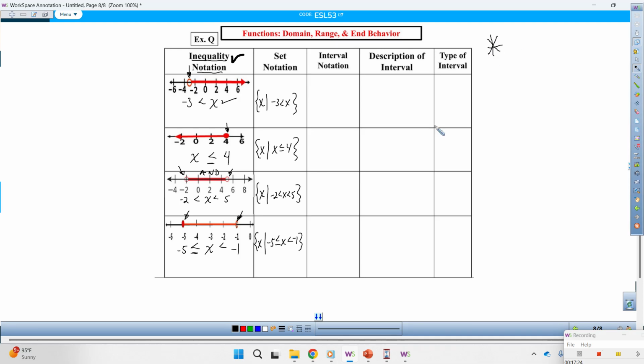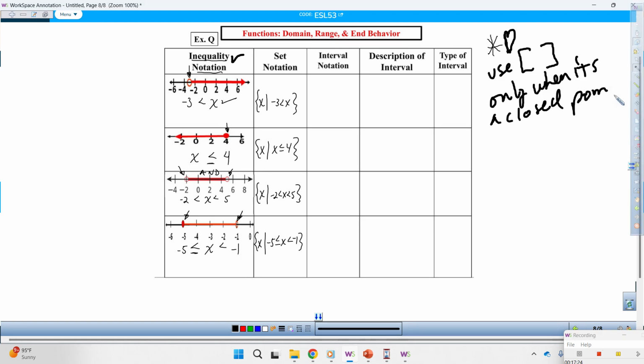If you have space, put an asterisk, a heart so you won't forget, and write: use brackets only when it's a closed point, comma, anything else, use parentheses.